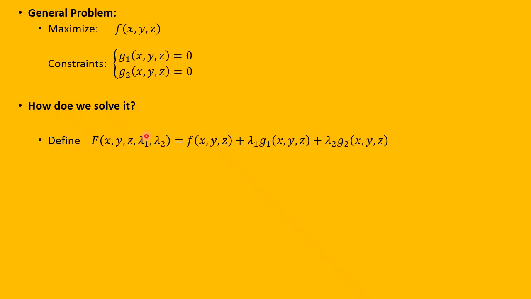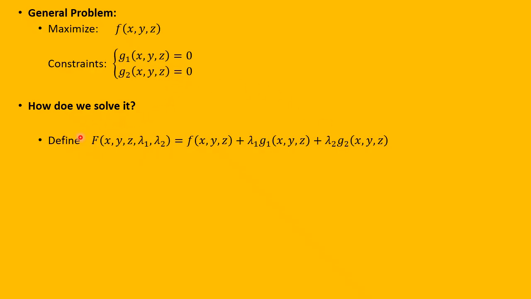So this new function is going to be little f of x, y, z, which was the function we're trying to maximize, plus lambda 1 times that first constraint function, g1 of x, y, z, plus lambda sub 2 times that second function, g sub 2, which came from this second constraint.